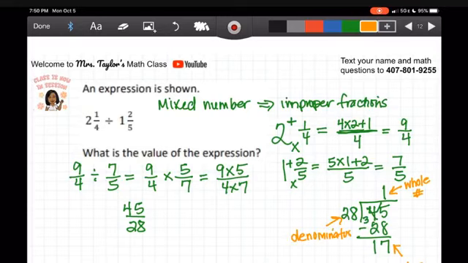So we put it all together, and our answer is going to be 1 and 17 over 28. So it depends on how they want you to write the answer. Either answer would be correct depending on how they want you to input the final answer.